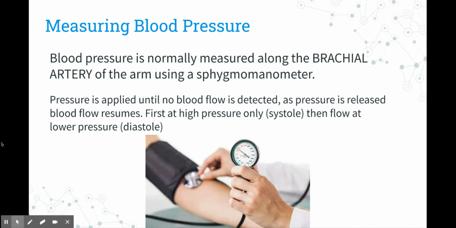And with the stethoscope at the elbow, you can't hear any blood flow anymore. As the pressure is released, blood flow resumes, and when the first burst of blood makes it through, that is measured as the systolic pressure. And then as blood flow returns to normal, whatever pressure that occurs at is called your diastolic pressure.